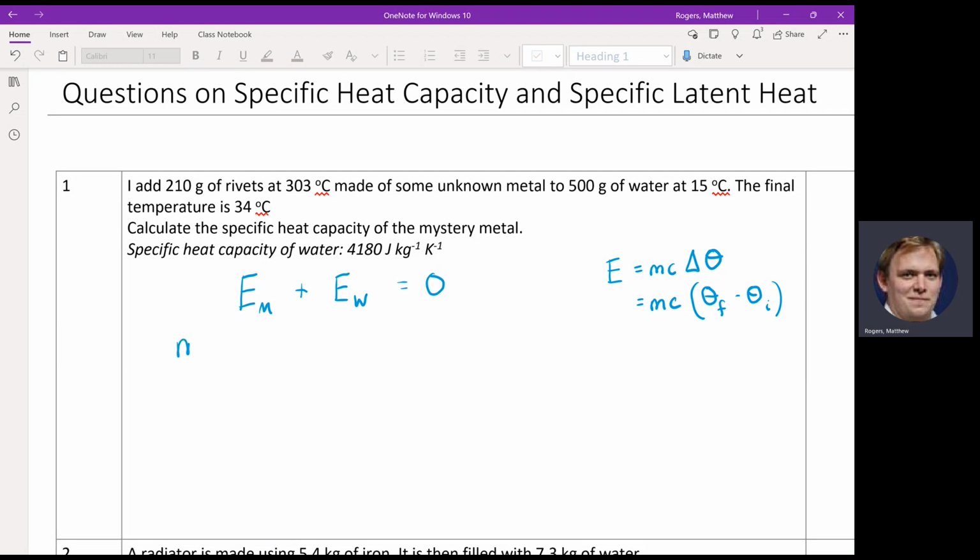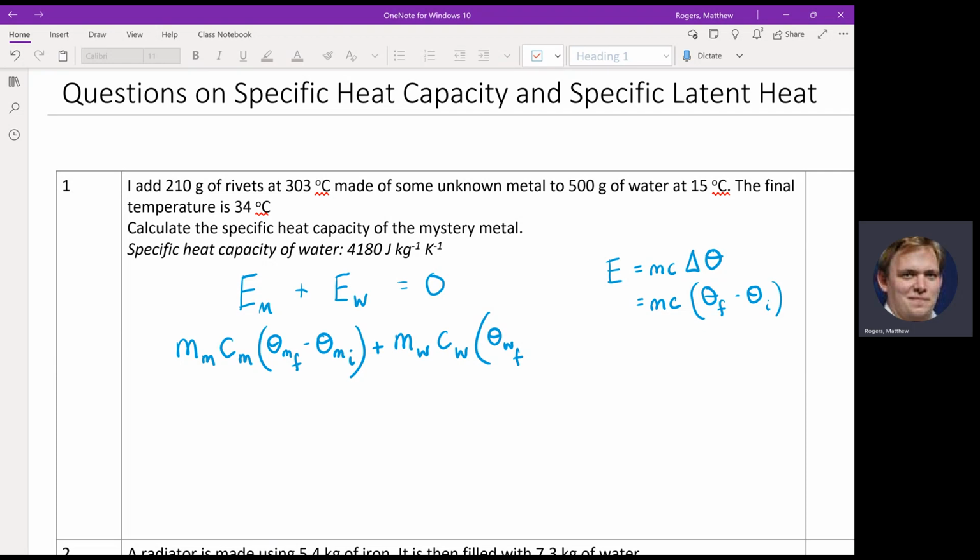So we'll write down the mass of the metal times the specific heat capacity of the metal times theta of the metal final minus theta of the metal initial, plus for the water, the mass of the water times the specific heat capacity of the water times the water's final temperature.